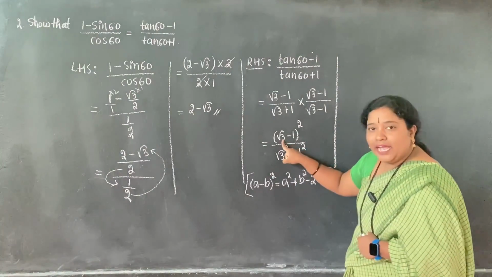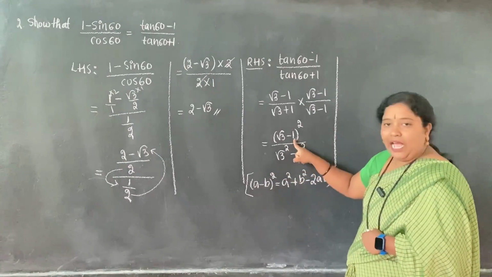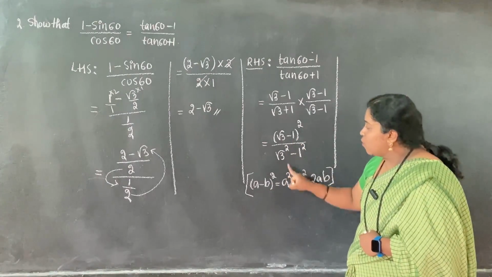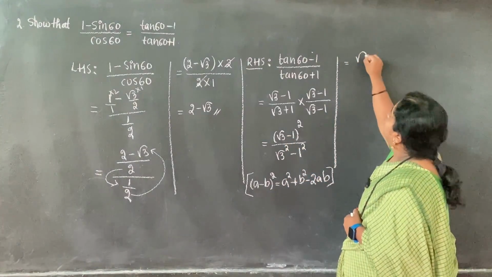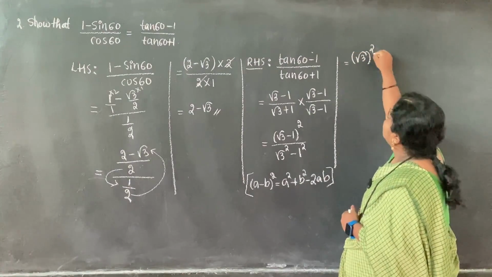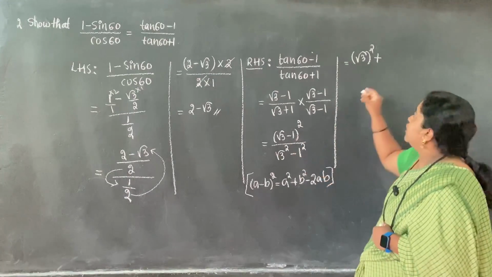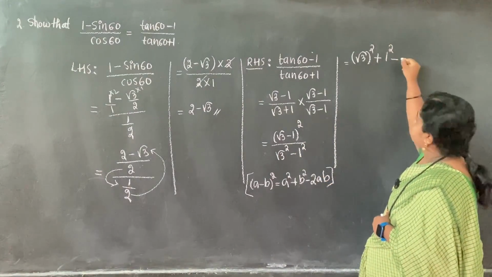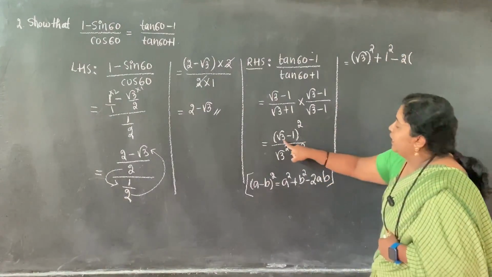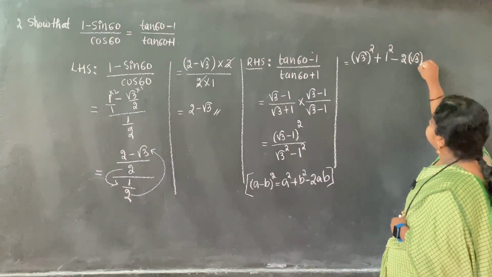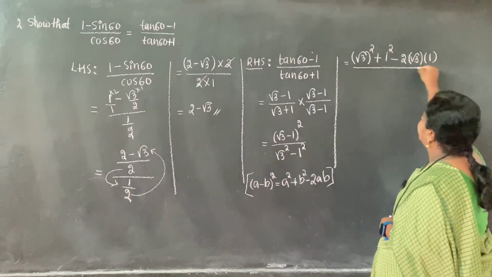In place of a, I have root 3. In place of b, I have 1. So a square is root 3 the whole square, plus b square, in place of b I have 1, so 1 square, minus 2 into a into b, 2 into a into b.